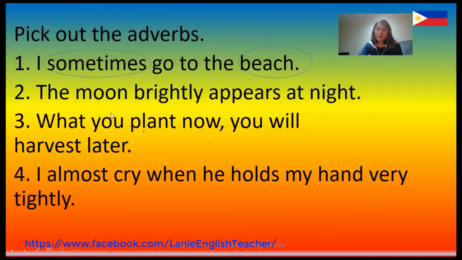Now, what about number 2? The adverb here is brightly. It tells how the moon appears, right? And another adverb in the sentence here is night. It tells when the moon appears.